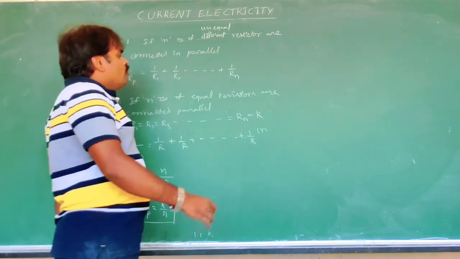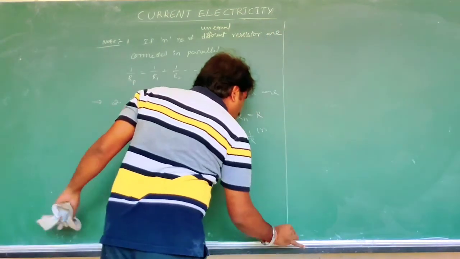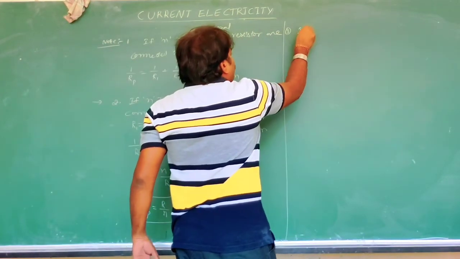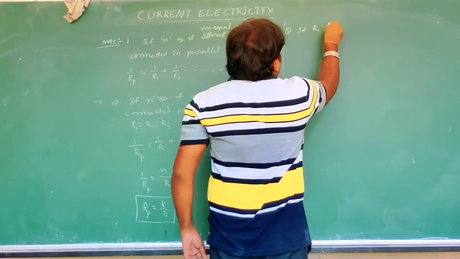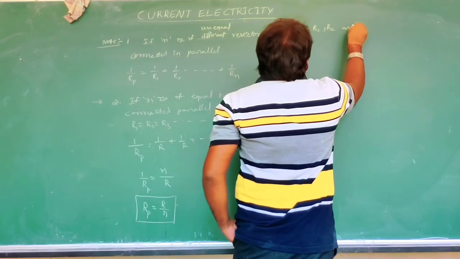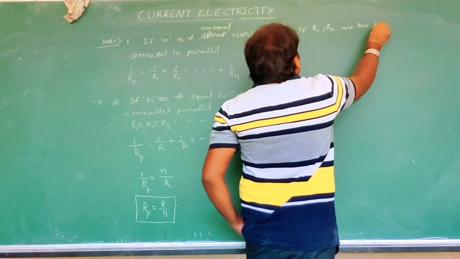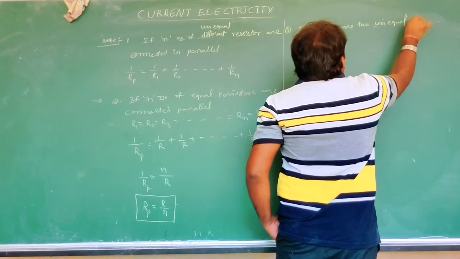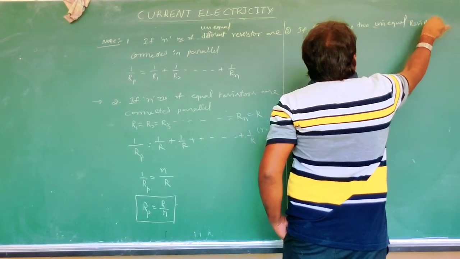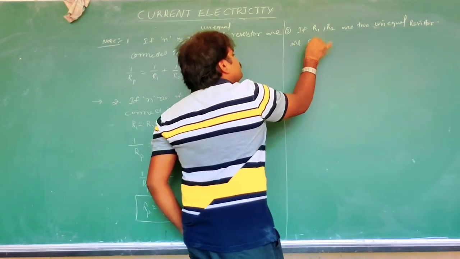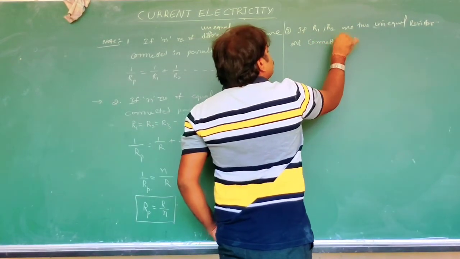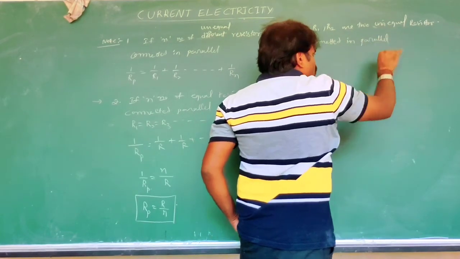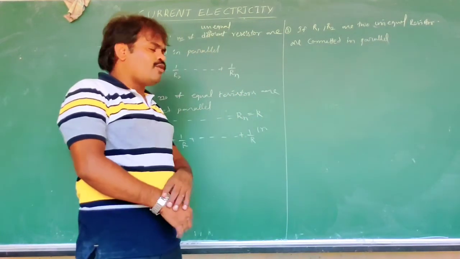Now for two resistors, note 3: if R1 and R2 are two different, or unequal, resistors connected in parallel, because most of the problems ask for a combination of two resistors.